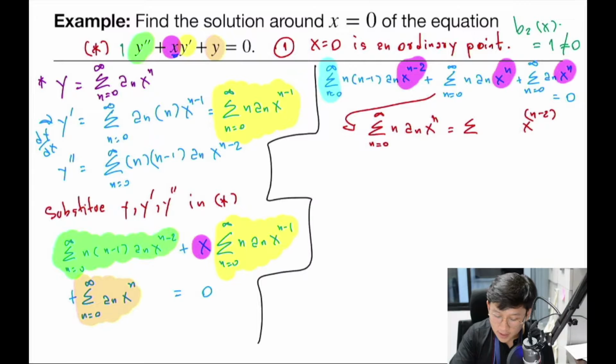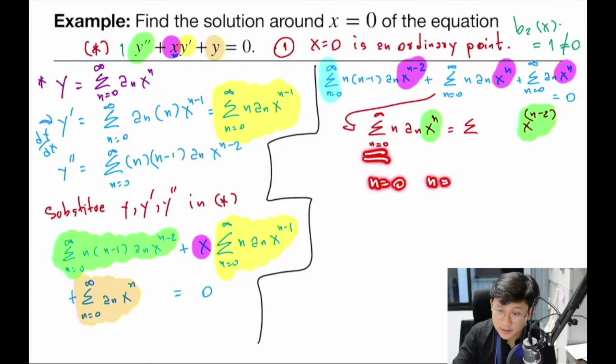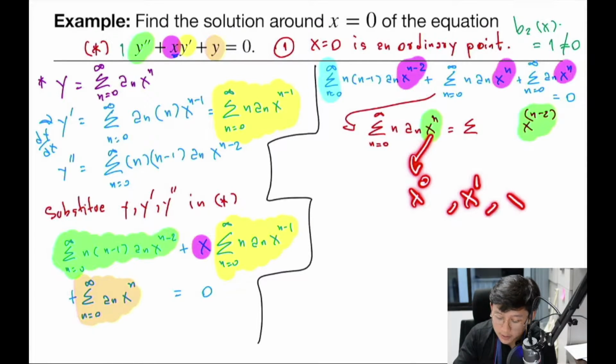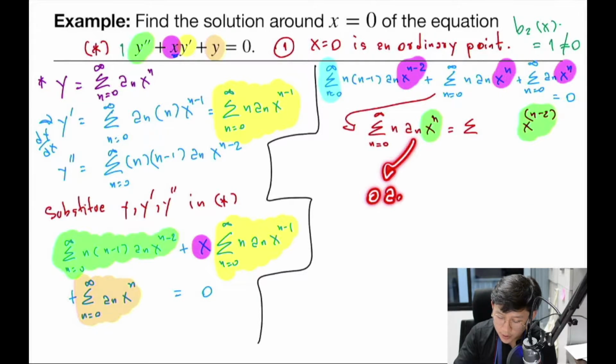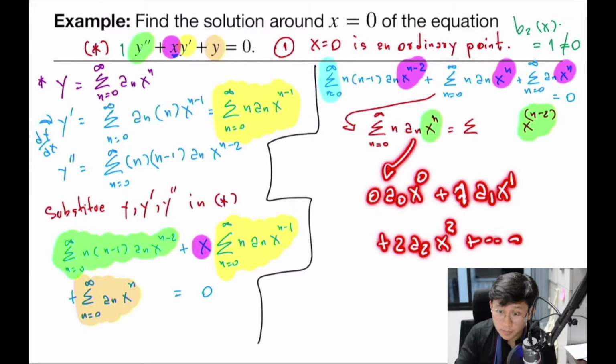Basically, I want to change from x to the n minus 2 to x to the n. Of course, here the first term is when n equals 0, and then n equals 1, n equals 2, and so on. That means the first x would be x to the 0, x to the 1, x to the 2, so it would be 0 times a_0 x to the 0, plus 1 times a_1 x to the 1, plus 2 times a_2 x to the 2, plus and so on.